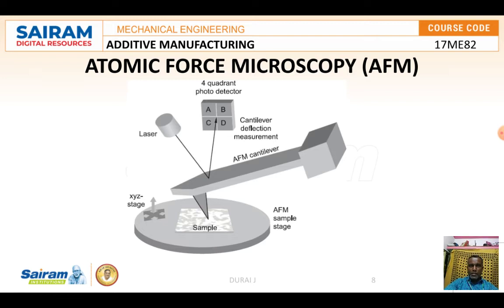The diamond tip contacted the surface directly, with interatomic van der Waals forces providing the interaction mechanism. Detection of cantilever vertical movement was done with a second tip and an STM placed above the cantilever. Now we are going to see the working principle.